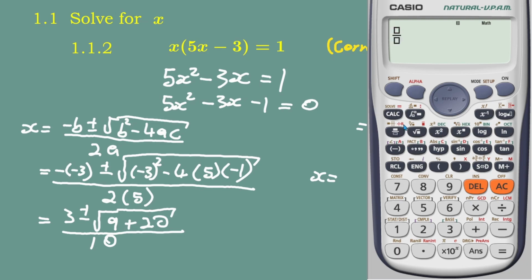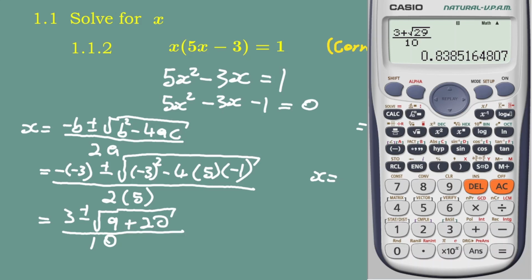I start with 3 plus the square root of 29, and then over 10. So x equals 0.84, because the digit after is 8, which is more than 5, so this 3 here we will round up to 4.